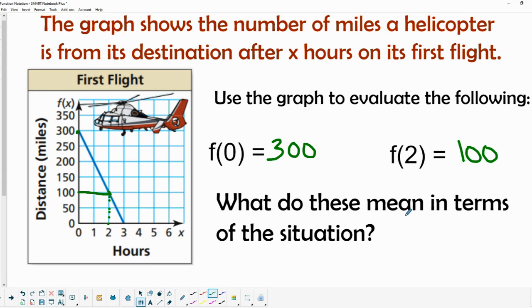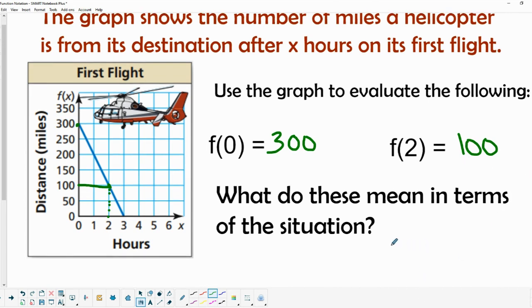It means that the helicopter starts out 300 miles away, and then in 2 hours, it's only 100 miles away. So that means that it is flying 100 miles each hour. Very nice. You could, in your own words, write that out right there.